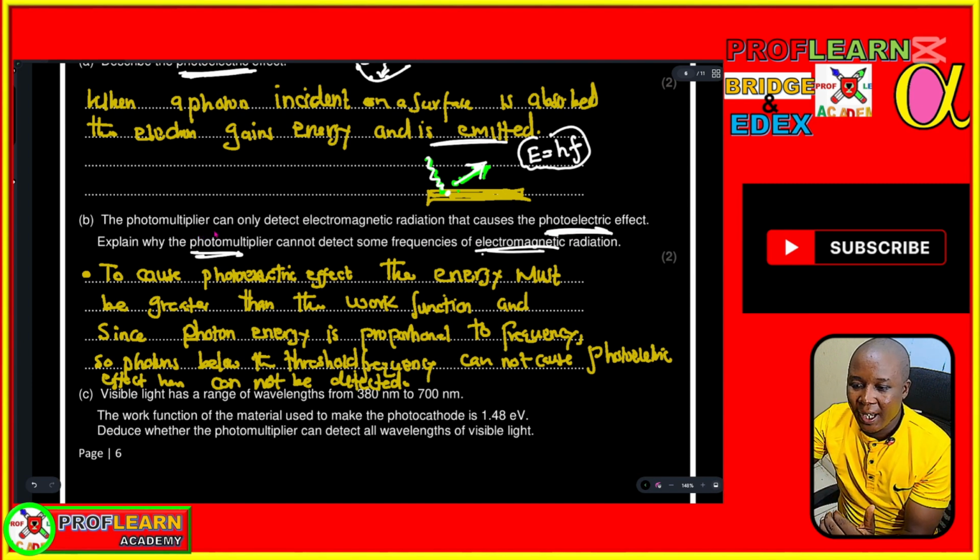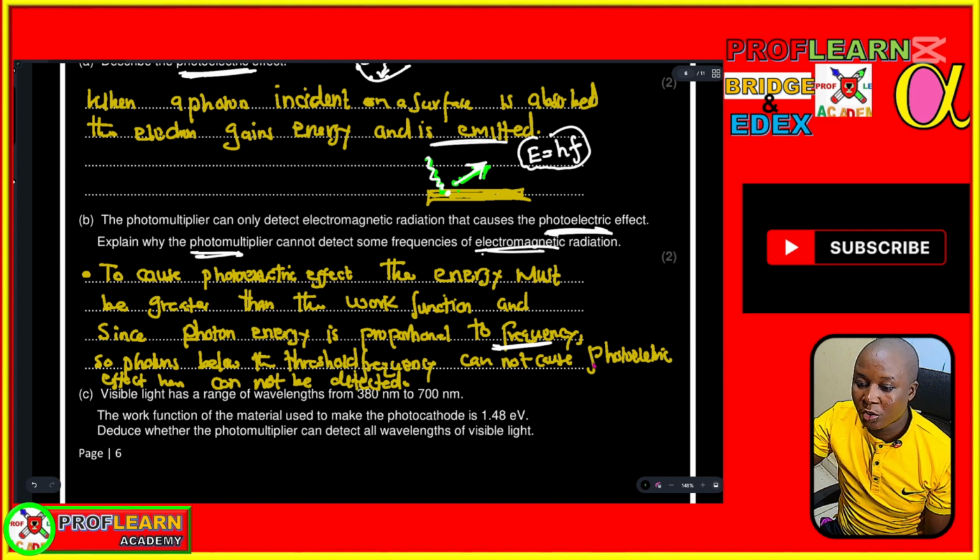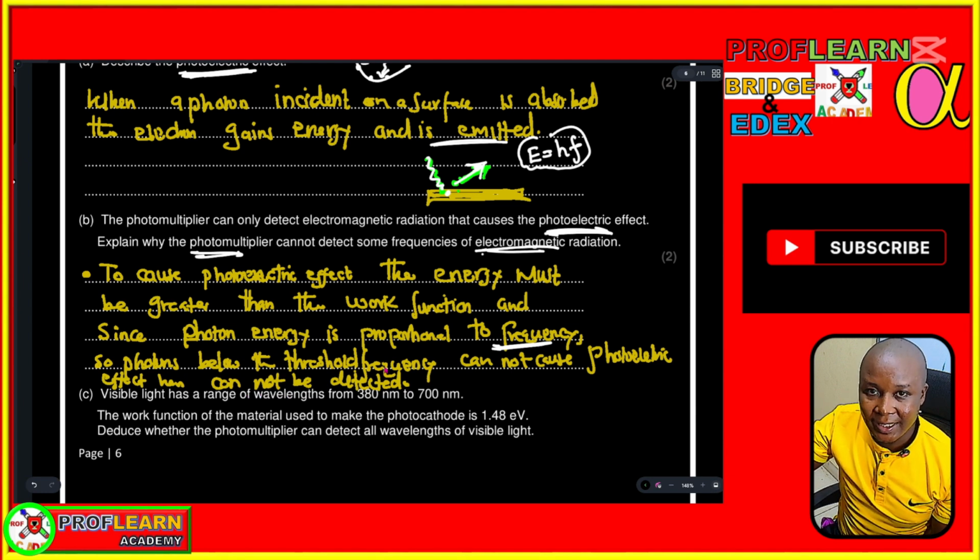So if we have radiation with frequency below the threshold frequency, then no detection will take place because no photoelectric effect will take place. To cause the photoelectric effect, the energy must be greater than the work function. And since the photon energy is proportional to the frequency, photons below the threshold frequency cannot cause the photoelectric effect. Hence, they cannot be detected by the photomultiplier.